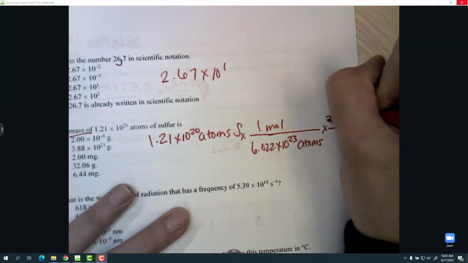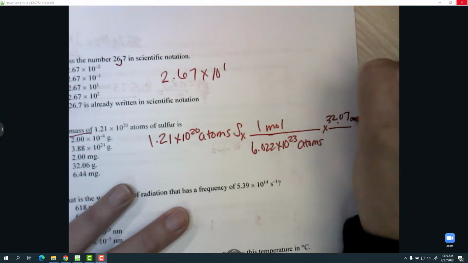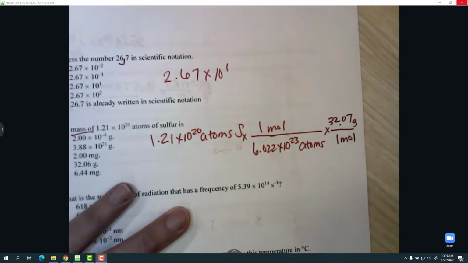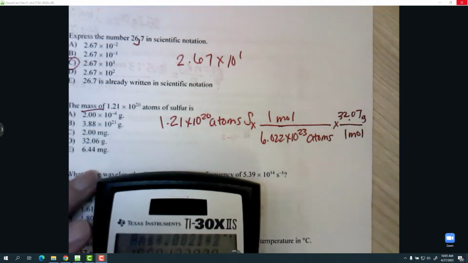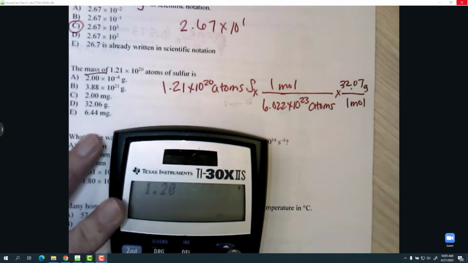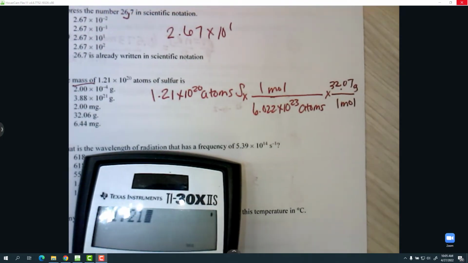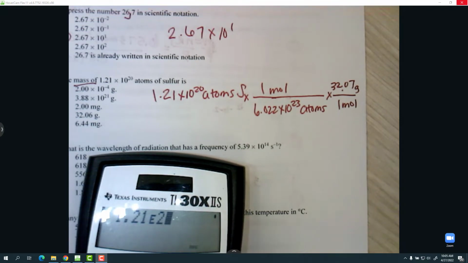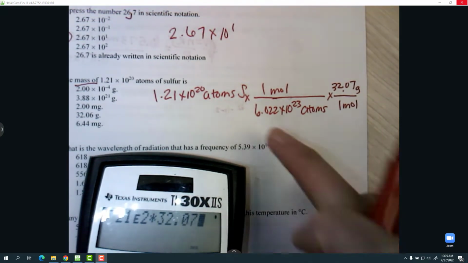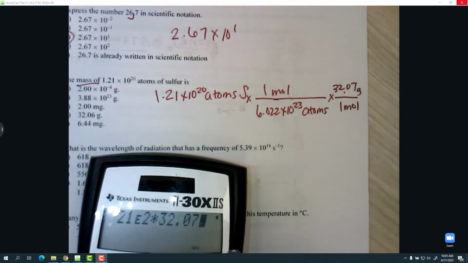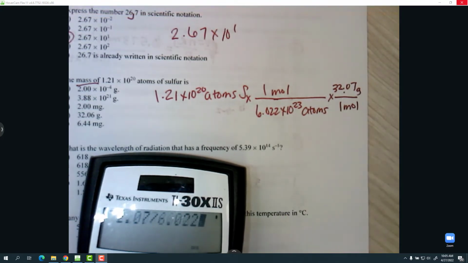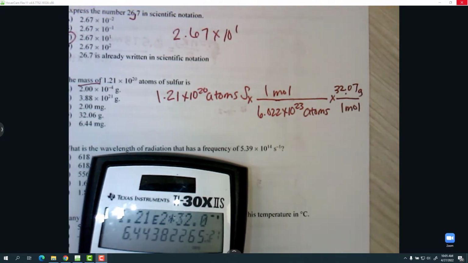Remember, that means 32.07 grams per 1 mole. So put this in my calculator, 1 times 10 to the 20th times 32.07. I'm just multiplying through what's on top, divided by 6.022 times 10 to the 23rd.